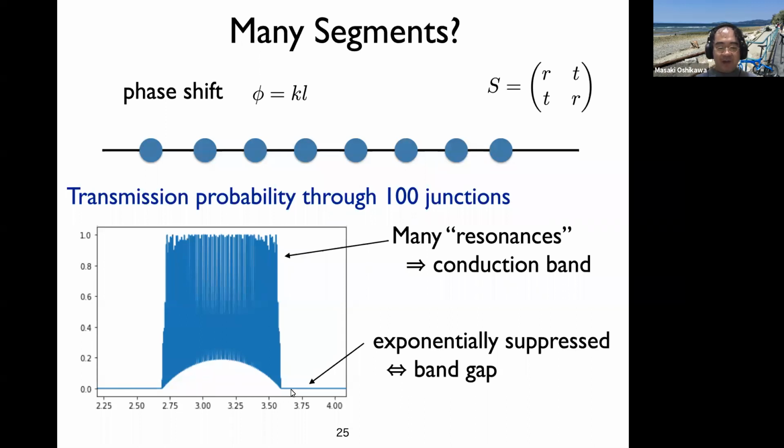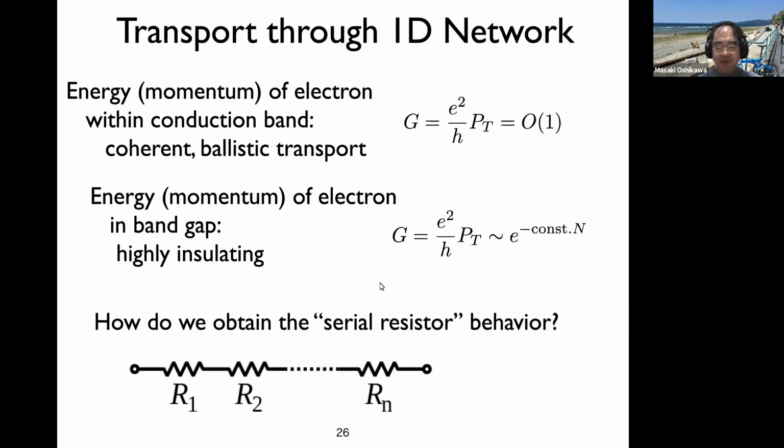But for a certain range of phase shift, that is a certain range of momentum or a certain range of energy of the incident electron, the transmission probability is almost zero. So actually in this region, the transmission is exponentially suppressed. And in this region, there are many complicated structures, many resonances. But in this region, the electron can transmit through the barrier. And actually this range of momentum or energy corresponds to the conduction band.